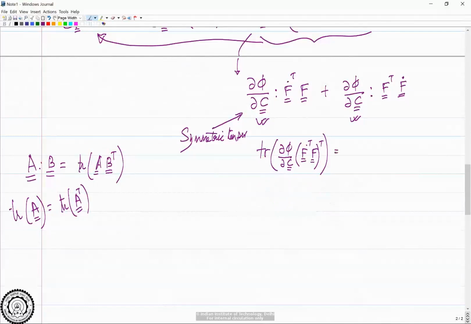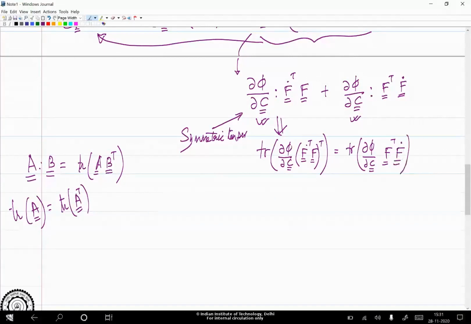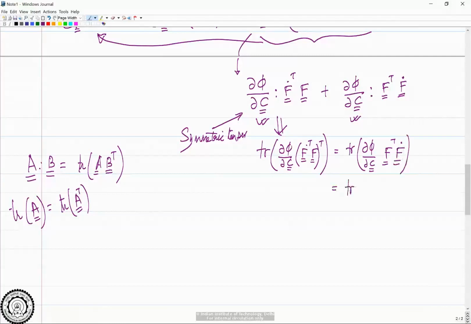So this is trace of del phi by del C F transpose into F dot. And then I take the transpose of the thing inside the bracket, the argument of trace, and it will be the same.